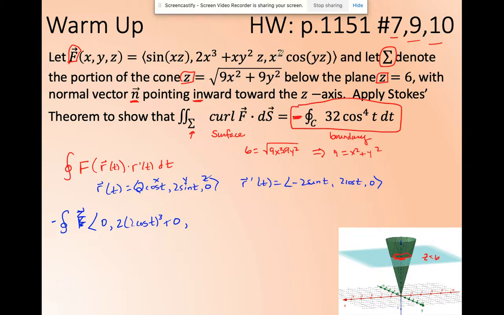Then x squared cosine y times 0, so cosine of 0, but that's not 0. That's 1, right? Now dot it with r prime.